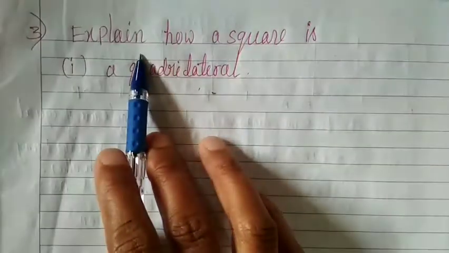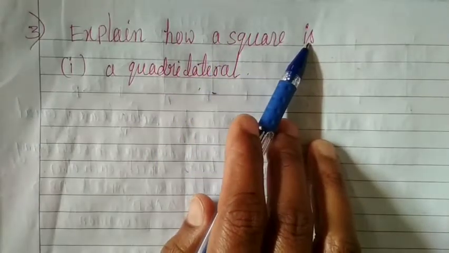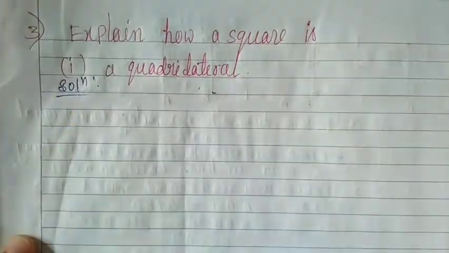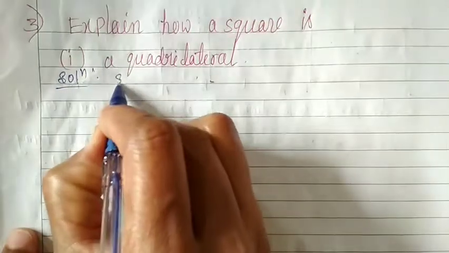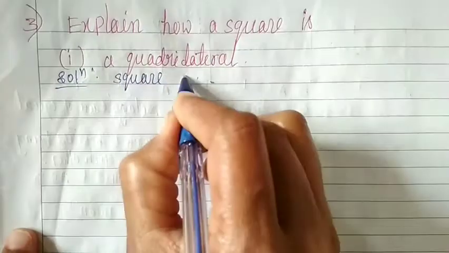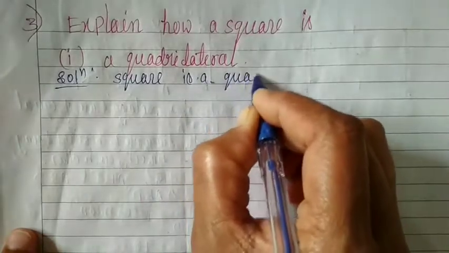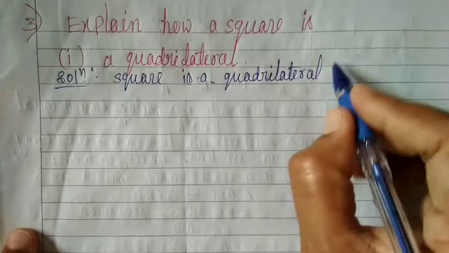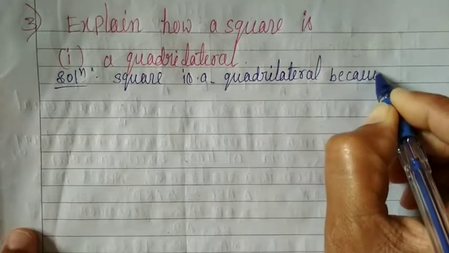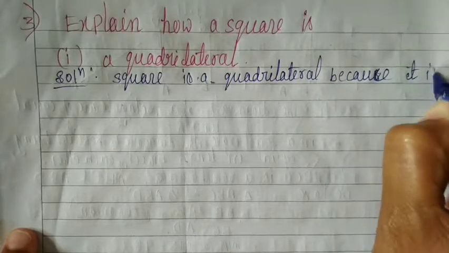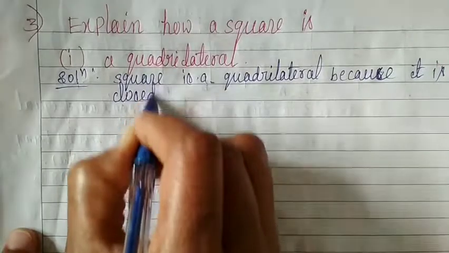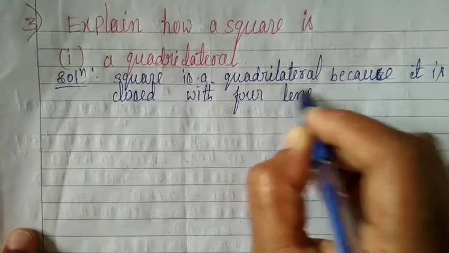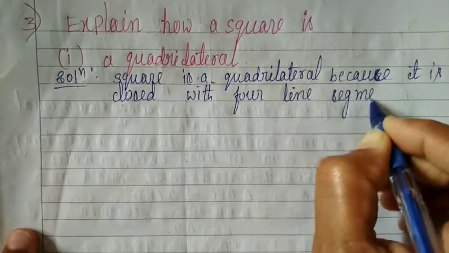Third problem, explain how a square is a quadrilateral. Solution. A square is a quadrilateral because it is closed with 4 line segments.